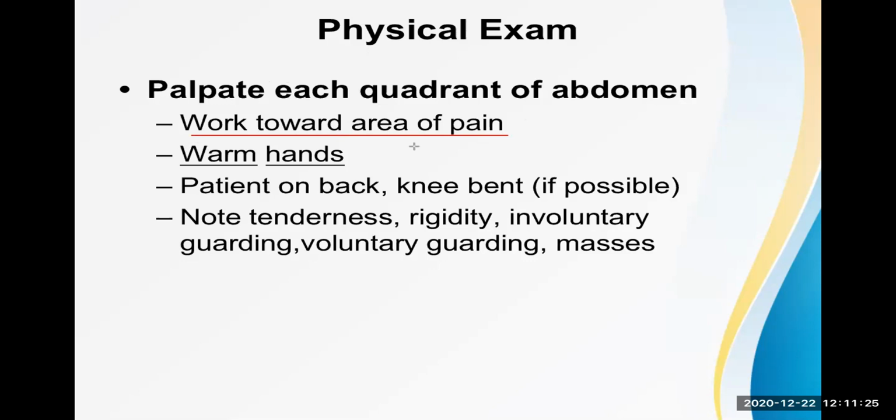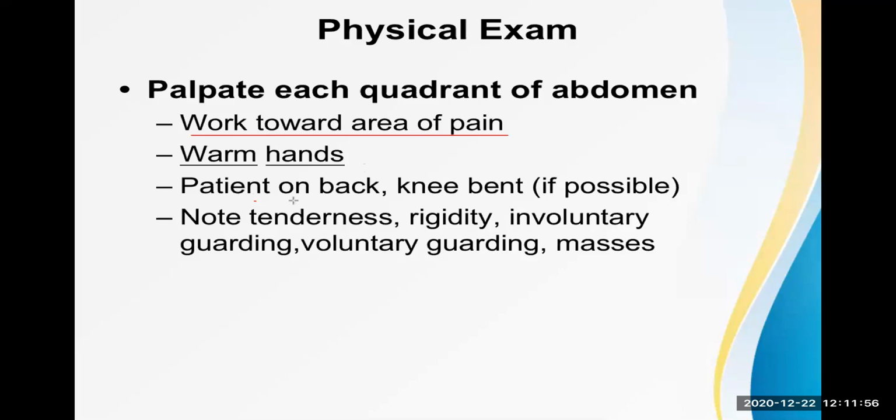Start examining from the left iliac fossa, then go upward, then come around like a circle and examine only that painful area at the end. Warm hands are very essential, especially during the winter season. Nobody wants to be examined with very cold hands. So warm your hands, rub your hands with each other, then only examine the patient.